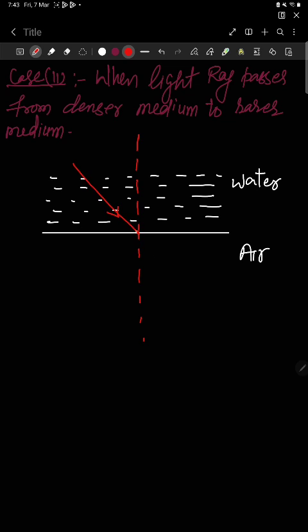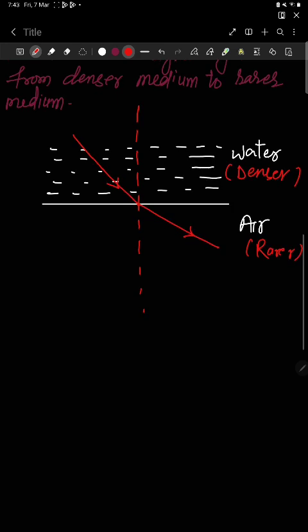When light ray comes out from the water, this water is denser medium, and air is rarer medium. So in this case the light will bend away from the normal. This one is the second case.